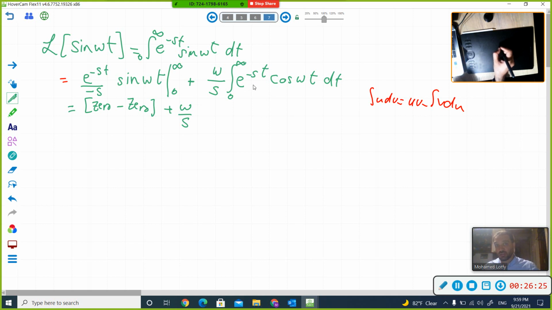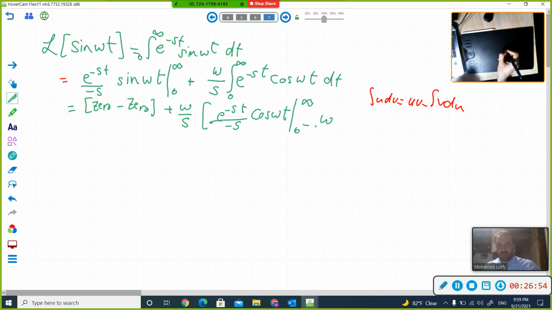Again, we will integrate it by parts using this rule, knowing that this is u and this is v. So it will be e to the power negative st divided by negative s, this is the integration of the first part, and the second part will be put as it is, cosine omega t, with the limits from 0 to infinity.